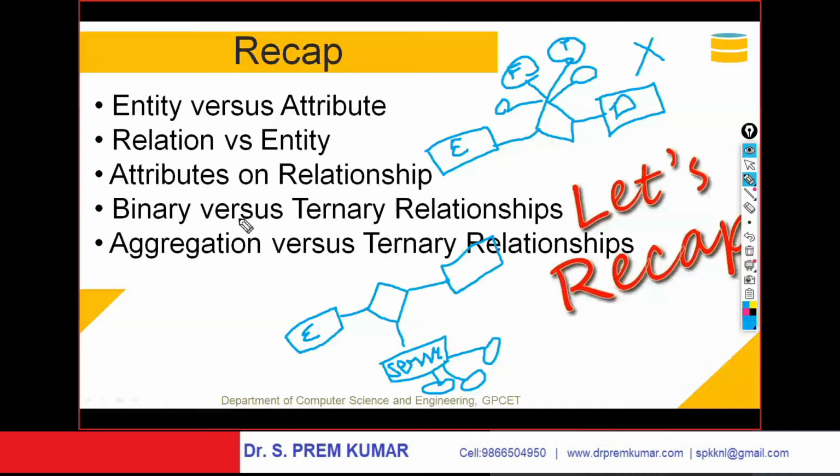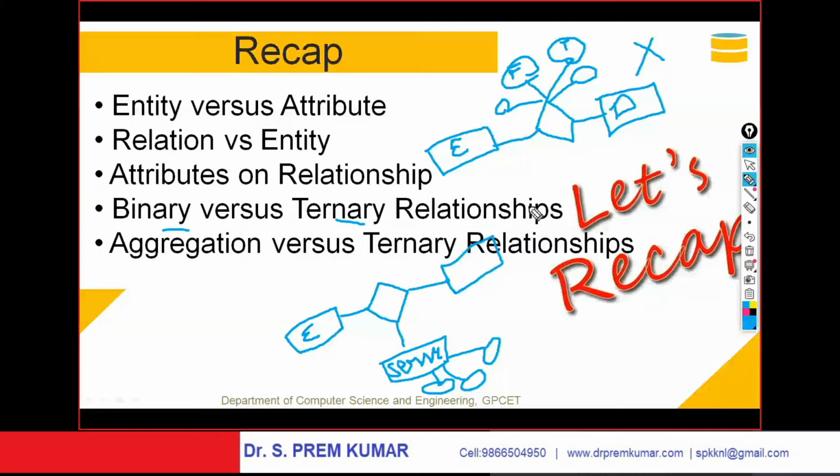This particular relation can be shown with a ternary relation, and it can also be depicted well with binary relations. Situationally, depending upon the problem, we choose either the binary relation or the ternary relation to show the ER diagrams.